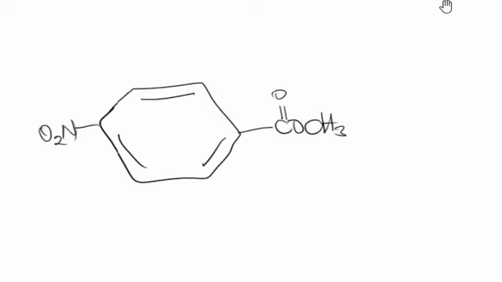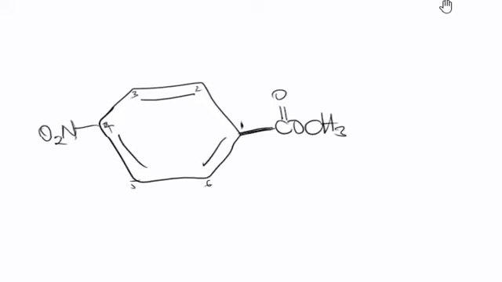Alright, so in order for me to name this, I'll have to put my functional group as priority here, because this is where I have my ester COO. So I'll have to state this as carbon 1. So this becomes carbon 2, this carbon 3, this carbon 4, this carbon 5, and this is carbon 6.